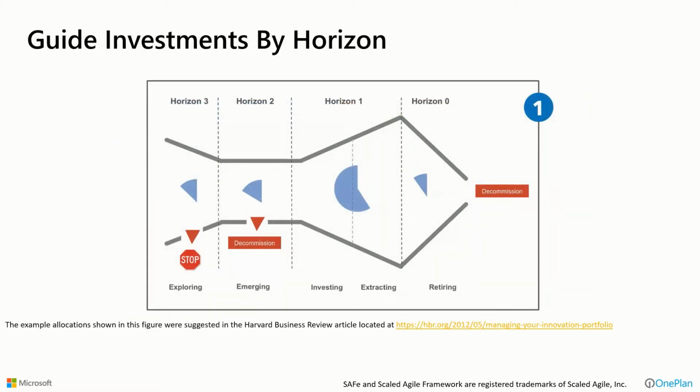The other piece is this concept of investments by horizon. As we look at this, Horizon 1 may define our existing products or the things that are near term that we're delivering. And that may be a lion's share of our budget.